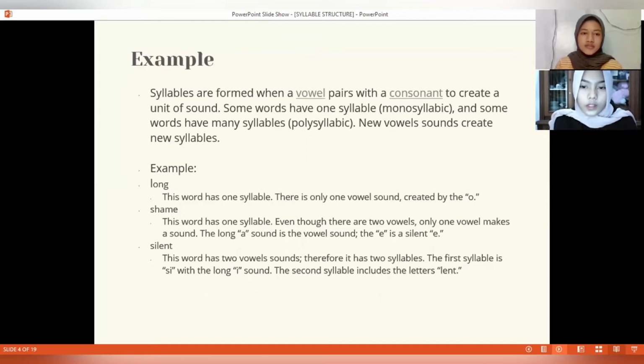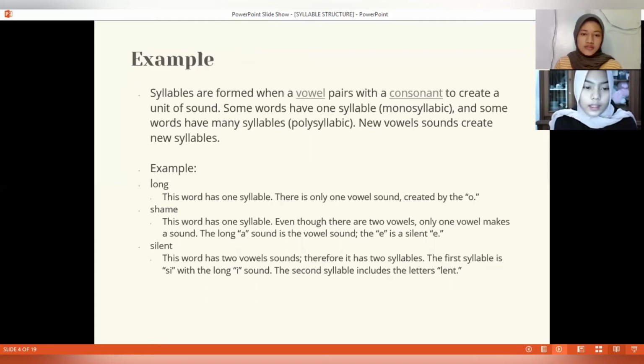A new vowel sound creates a new syllable. For the example, long. This word has one syllable. There is only one vowel sound created by O. So the sound is long.